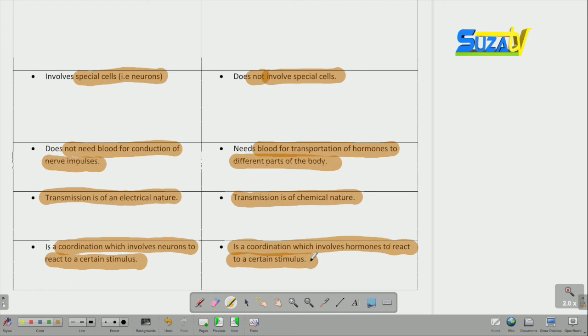The adrenaline moves on to the heart, which increases the heartbeat and the metabolic rate, increasing the whole body's functions. So hormonal coordination uses hormones to transfer information from one part of the body to the other.